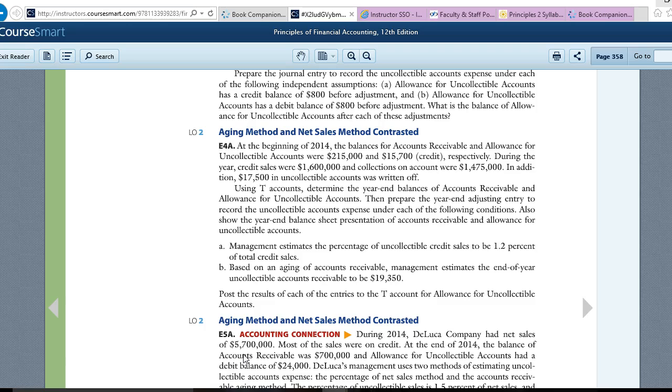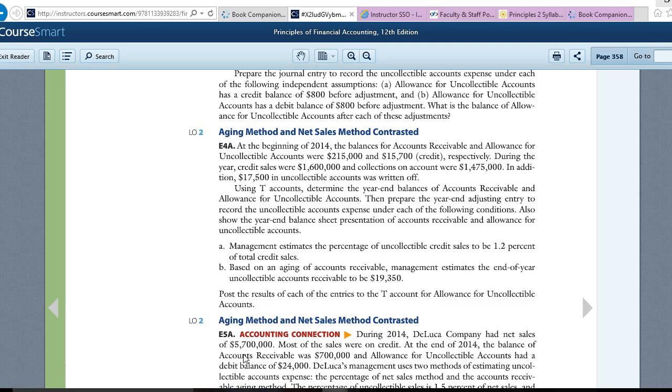Management estimates the percent of uncollectible credit sales to be 1.2% of total credit sales. So, we know our credit sales were $1,600,000, right?